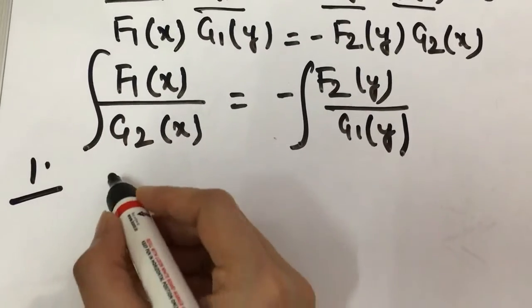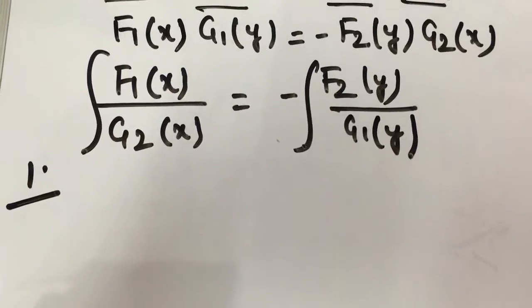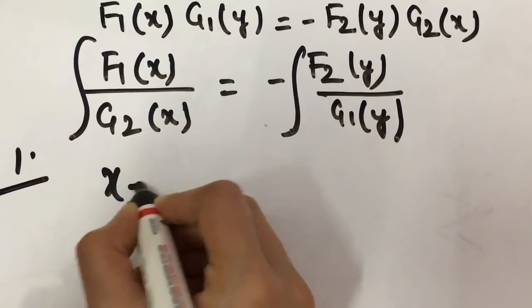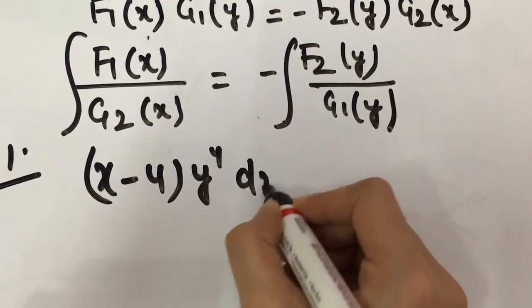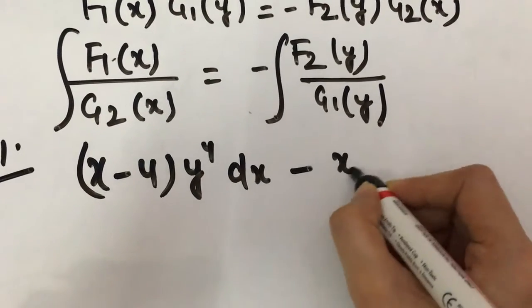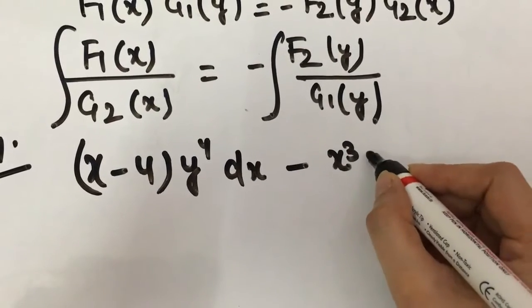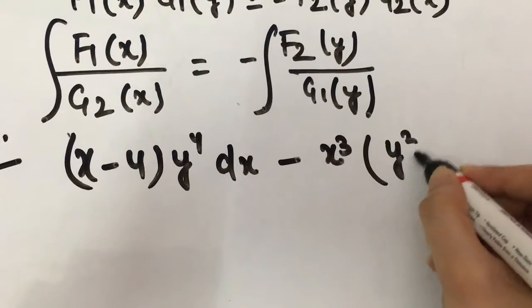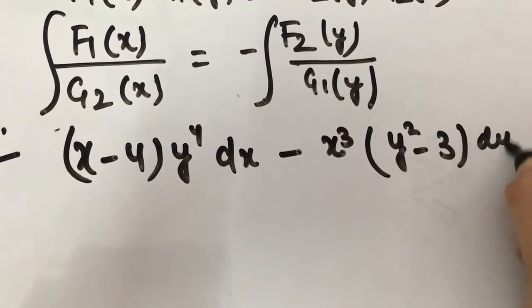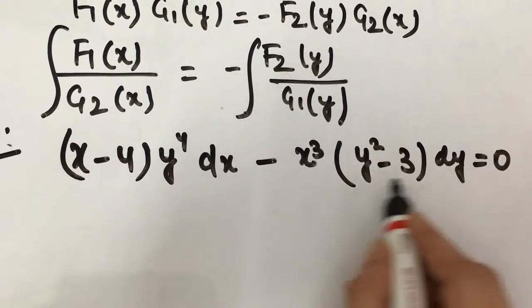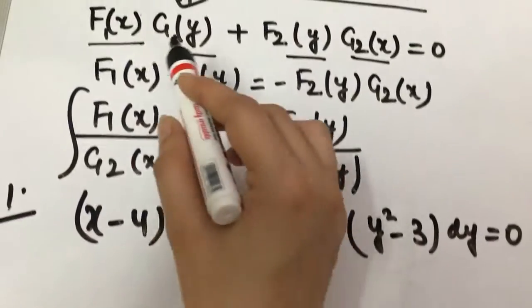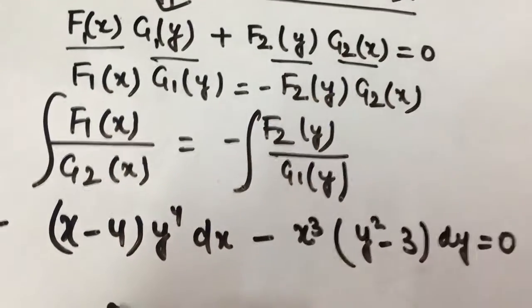So suppose I have a question: (x minus 4y to the power 4) dx minus (x cube y square minus 3) dy equal to 0. I need to solve this differential equation with the help of the variable separable method.